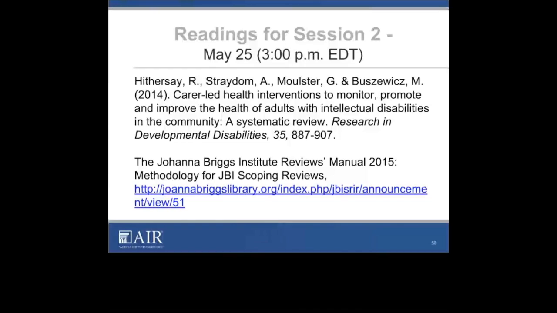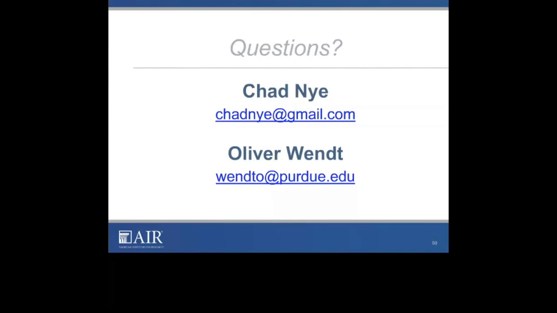It's a very well presented tool for how to do scoping reviews, and we're going to go through some of the details that are in there as well. The first one is a study from some of the examples I just presented that I thought was a particularly good example of a scoping review. So I'll leave that with you.